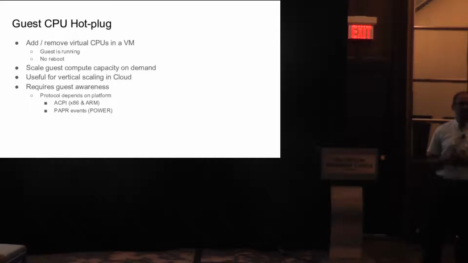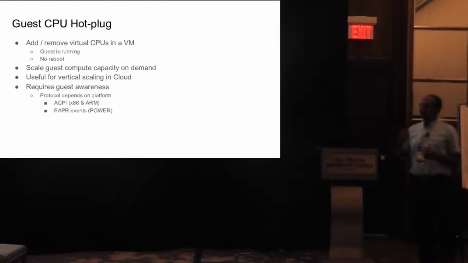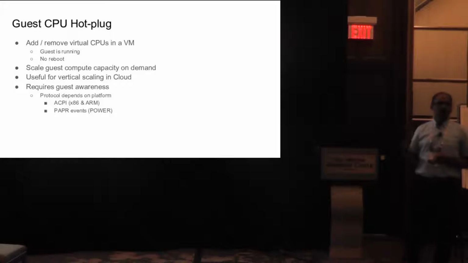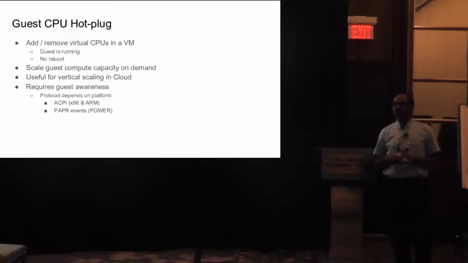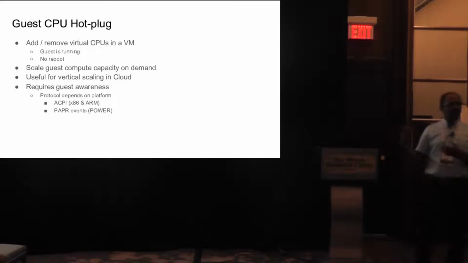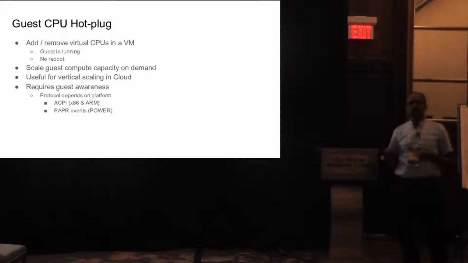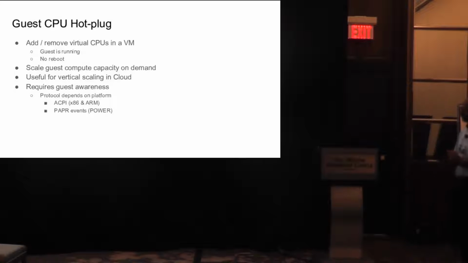So that's the key point here. And as you all know, this feature is useful to scale the guest's compute capacity on demand, which is typically useful in implementing some sort of vertical scale-up solutions in the cloud. That's about the use case part of it.